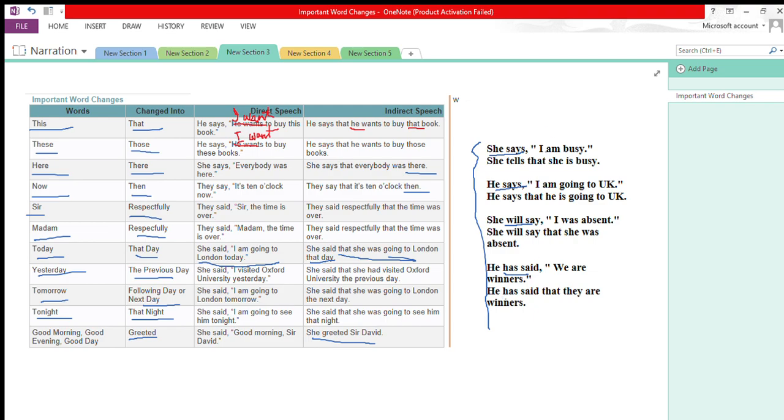The tense will remain as it is. The tense change takes place when the reporting verb is in the past, like said, told or asked. Only then we change the tense.